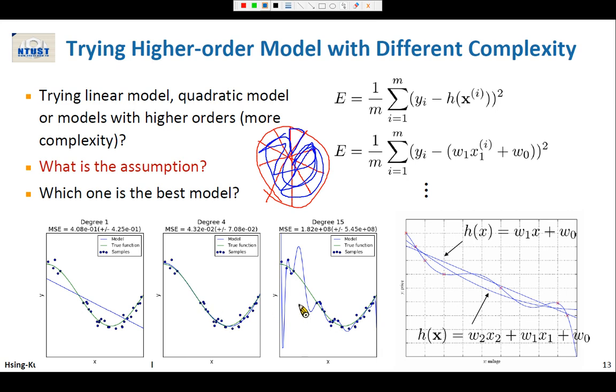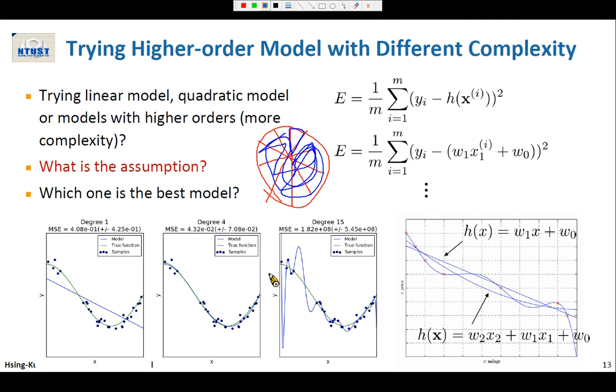But if we check this one, very easily we know the result will not be so good, because when we remove this data point and want to predict it, we know it's going to be bad because of a lot of ups and downs. The difference between the truth and the prediction could be large.